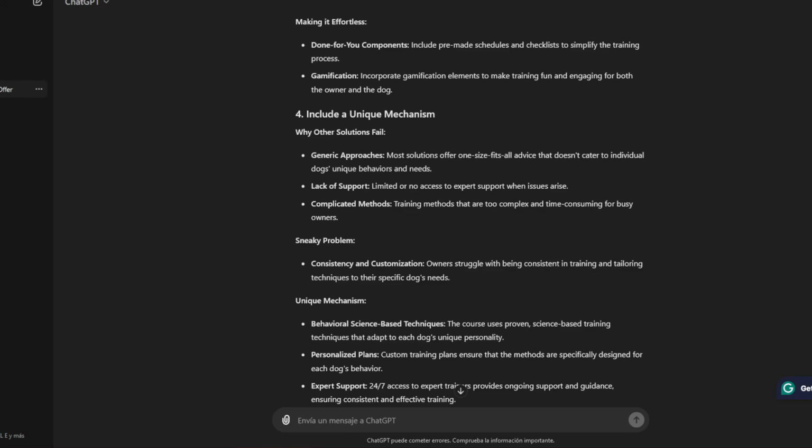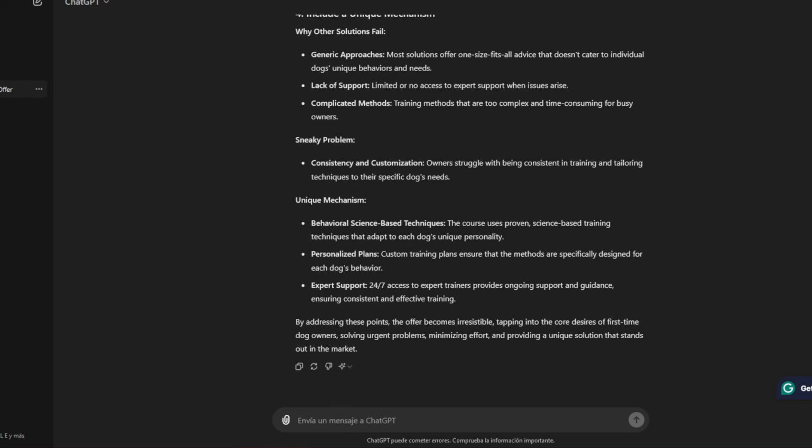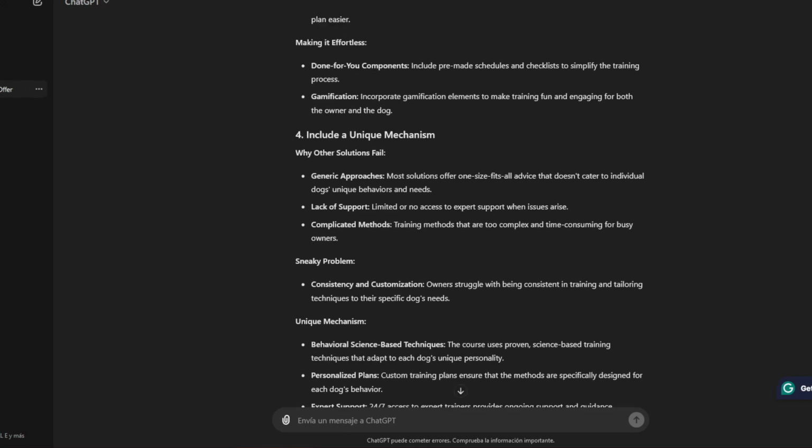The unique mechanism is basically why other solutions fail, what is the sneaky problem, the one hidden cause why everything is failing, and how we address this sneaky problem, which is going to guarantee that our customers get results. Maybe you already have a unique mechanism and it isn't working that well, so you can try these ideas and address that in your marketing material.